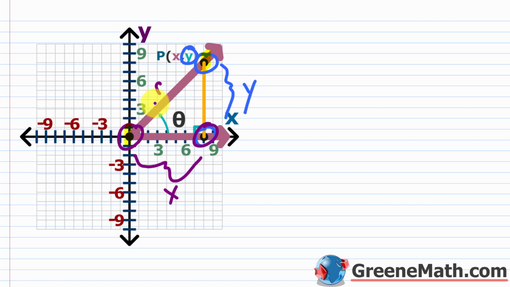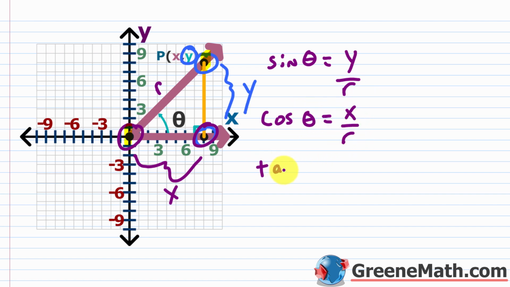So we've already defined the 6 trigonometric functions using these letters, right? So we've said that the sine of theta is y over r. We've said that the cosine of theta is x over r. We've said that the tangent of theta is y over x. And then using the reciprocal identities, we can get the 3 remaining ones.